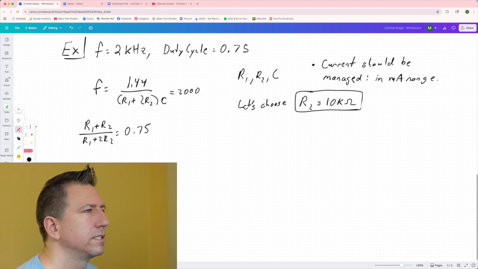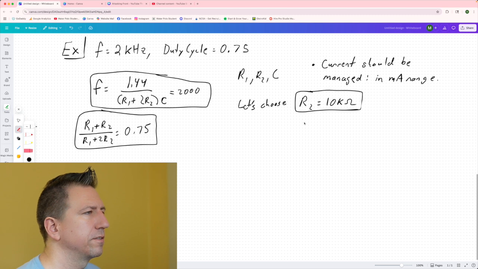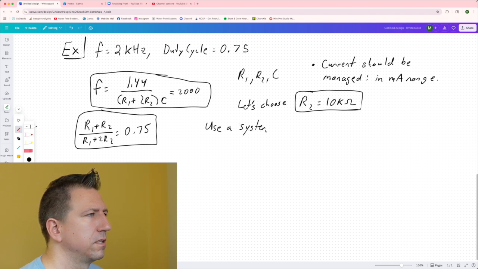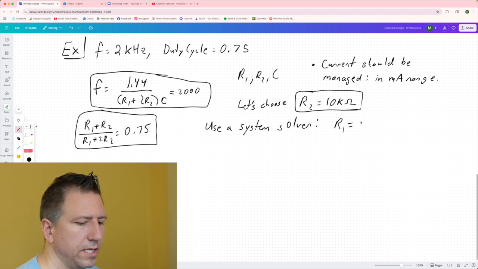If I make R2 10 kilo ohms, that's a third equation, unique. Now we have three equations and three unknowns. I'm not going to do the substitution. I want you to use a system solver to solve this. And if you do use that system solver, you'll get R1 is equal to 20 kilo ohms.